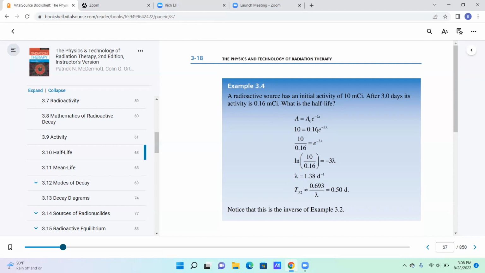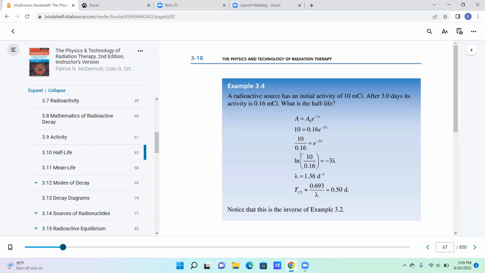So if we substitute in all of the numbers, what we find out here is that 10 is equal to 0.16 times e to the minus 3 lambda.